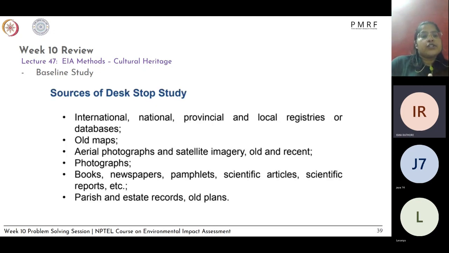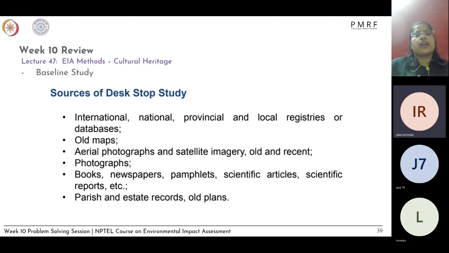So these are the different data collection methods you can use for doing cultural heritage studies. And then for sources of desk-based studies, you can look up international, national, provincial, or local databases. The stakeholders which we talked about have certain data or archives which you can access to get information relating to your particular area. Then you can look up the old maps which are available of your site or your larger district community areas.